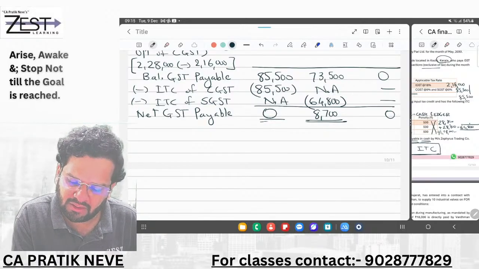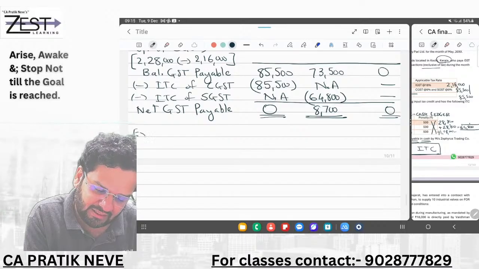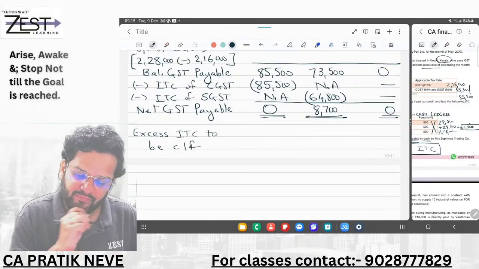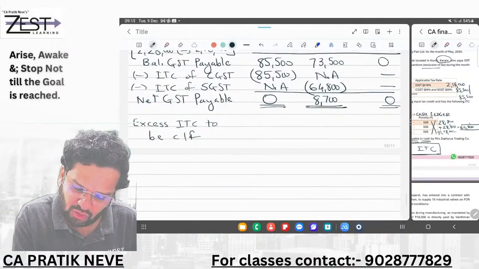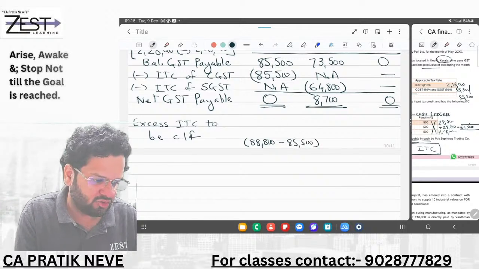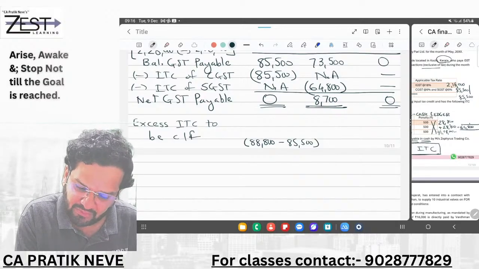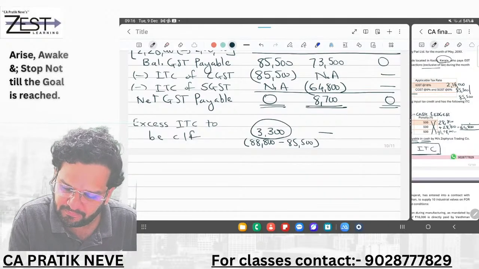But remember one thing, that there is an excess ITC to be carried forward. What is the excess ITC to be carried forward? It is of your CGST, because you had 88,800, but you have used only 85,500. So 88,800 minus 85,500, 3,300 is excess ITC to be carried forward.